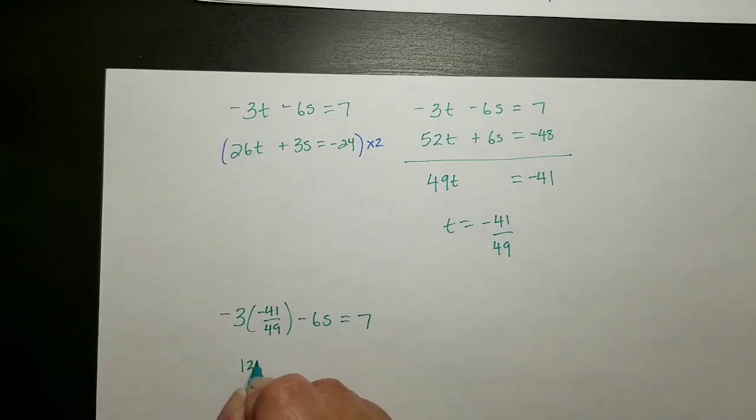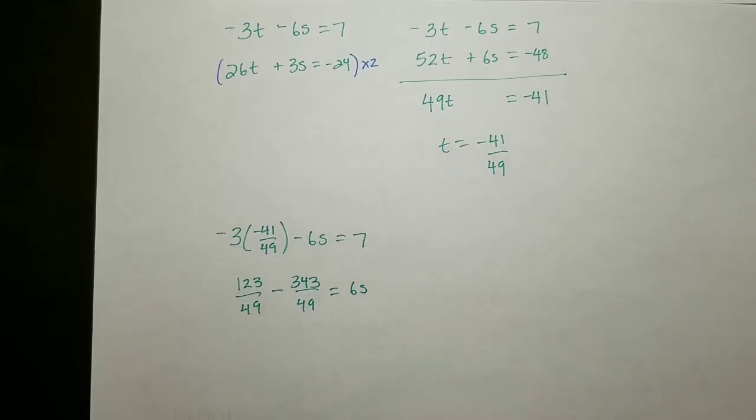So that's 123 over 49 minus, bringing the 7 over, and the 6s to the other side. It is getting pretty messy here.